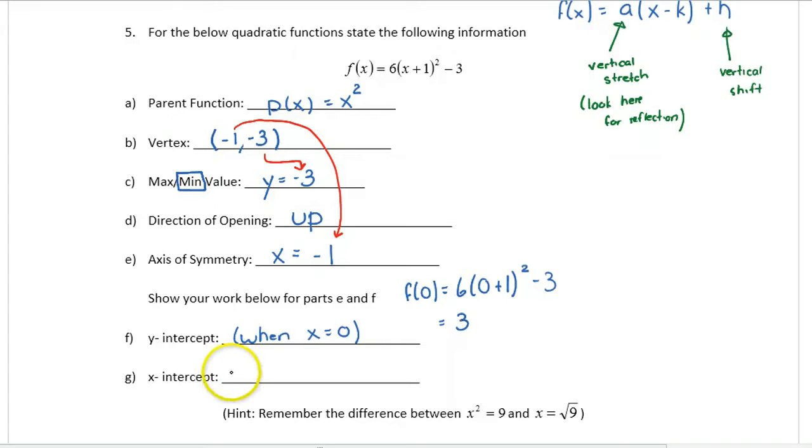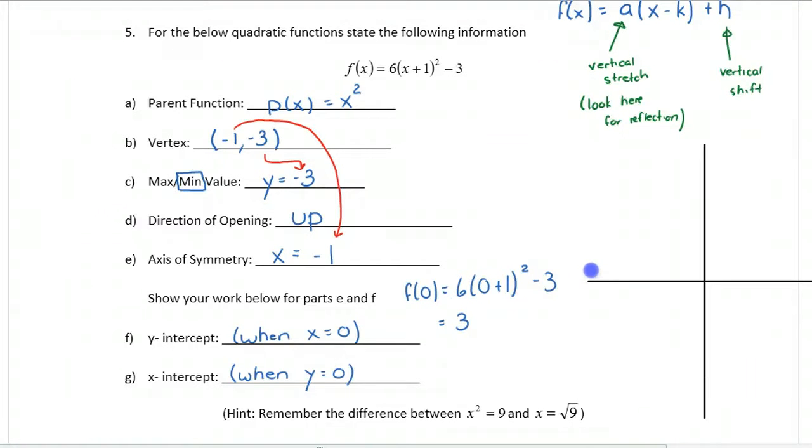Now, the x-intercepts occur when y equals 0. And the temptation at this point might be to go and try and work through that. But what we recommend here, after you've pulled out this initial analysis information, is to make a quick sketch.